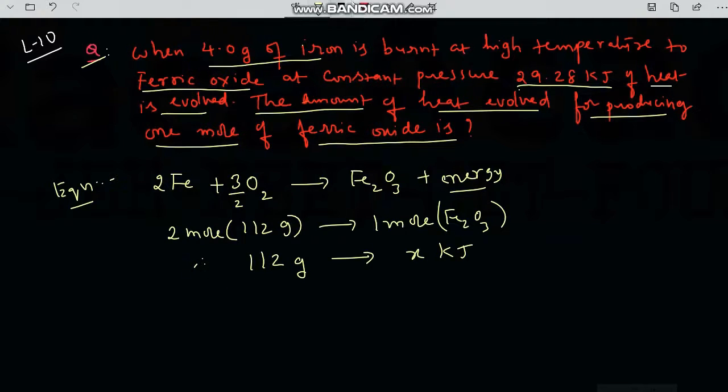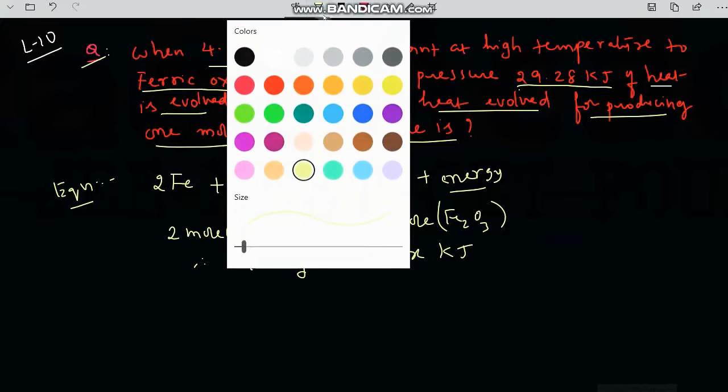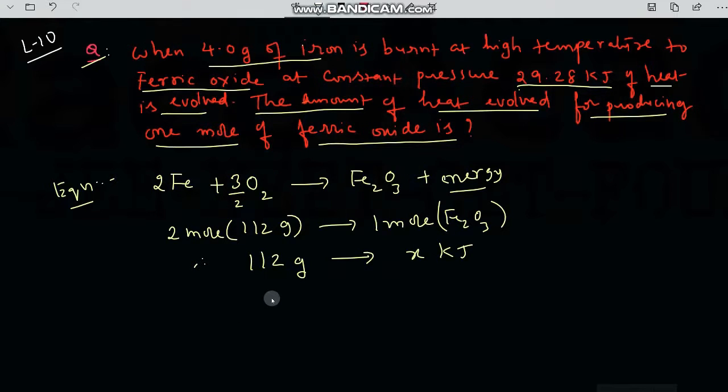The important statement given in the question is that 4 grams of iron gives 29.28 kilojoules of energy. So we should find what is x, that is the aim of the problem.